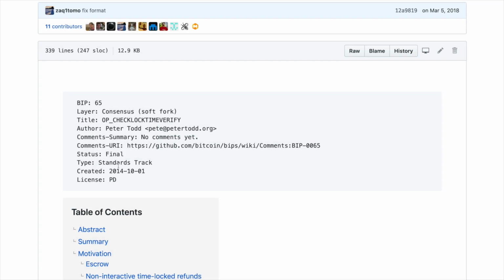Let's take a look. To support revocable transaction in Bitcoin, there are two opcodes added to Bitcoin script. The main purpose for these two is to support the Lightning Network. One is in BIP65, OP_CHECKLOCKTIMEVERIFY.